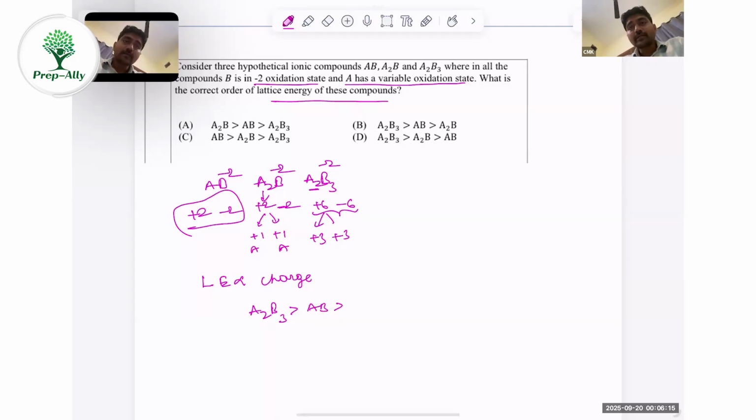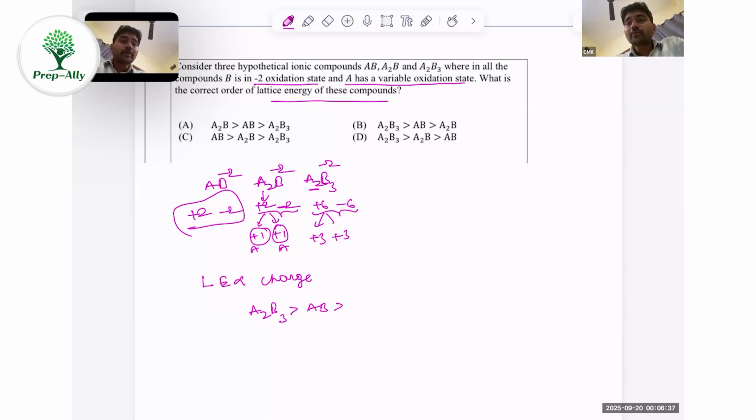But if I take A2B, here also +2 -2. But what happens? Each A is in +1, which means contributors are more and charge is less.